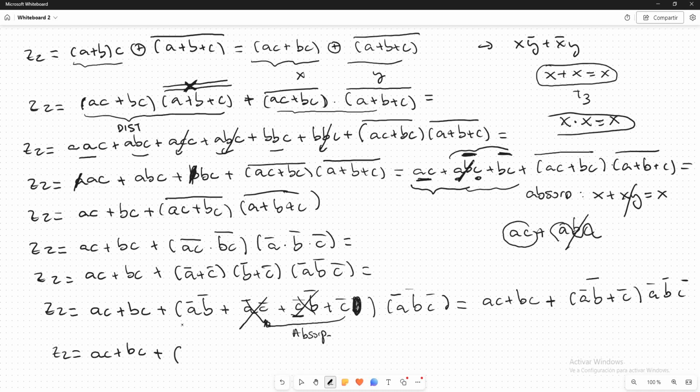You can check it using the distributive property. So with the idempotent law, we can remove the terms that are repeated. A B negated is repeated here. C negated is repeated here.